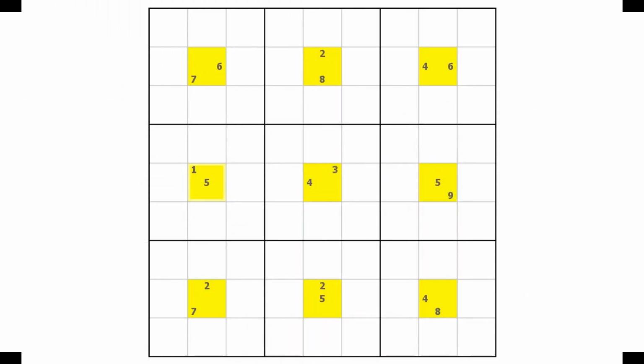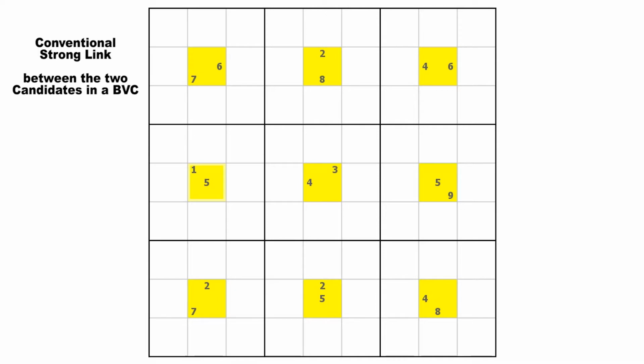Great. A by-value cell is one in which there are only two remaining candidates, two possibilities. Like you see here, these are all by-value cells. This means that in each one of them, one of the two candidates must be true and the other must be false. This is exactly the primary characteristic of a conventional strong link that we learned about in video number 3.